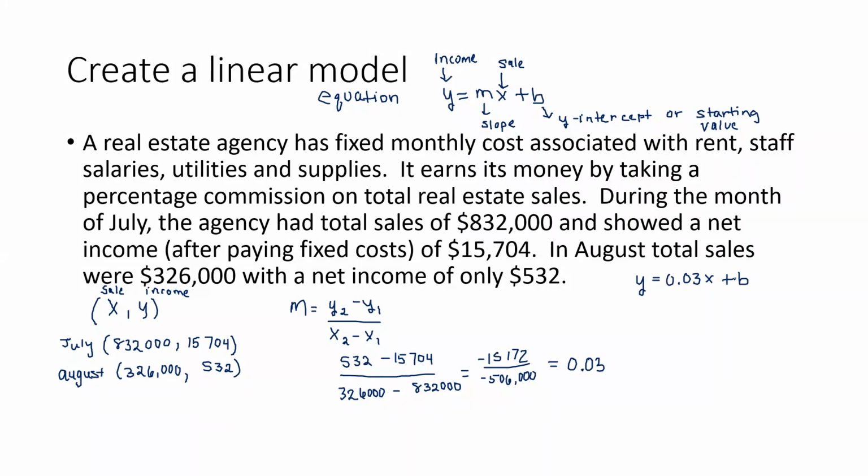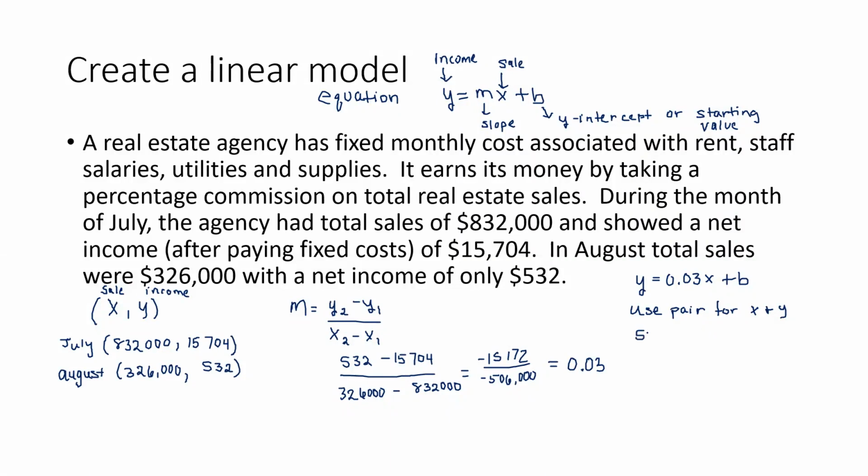In order to solve for b, I'm going to use an ordered pair for x and y. I decided to use the second ordered pair because the numbers were a little bit smaller.